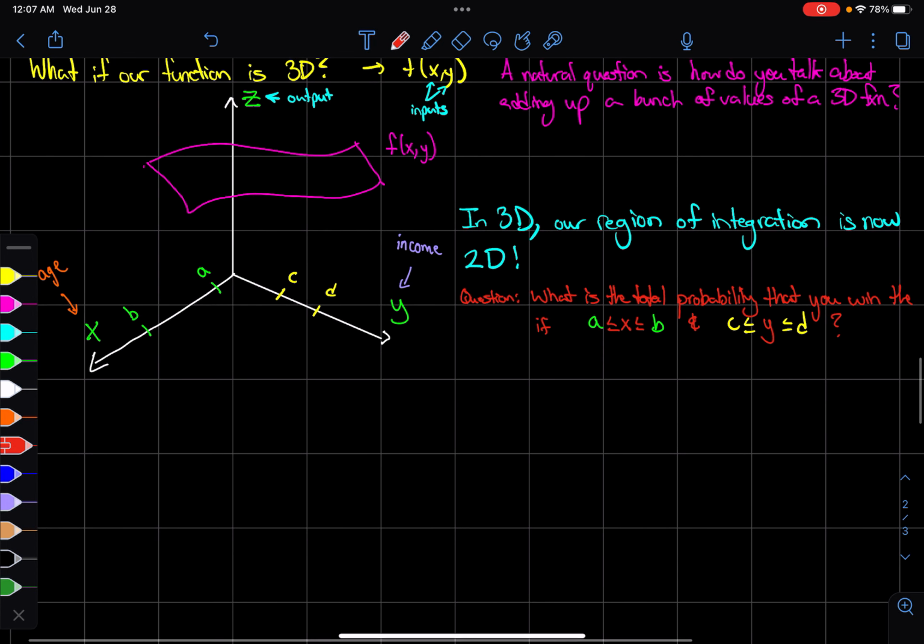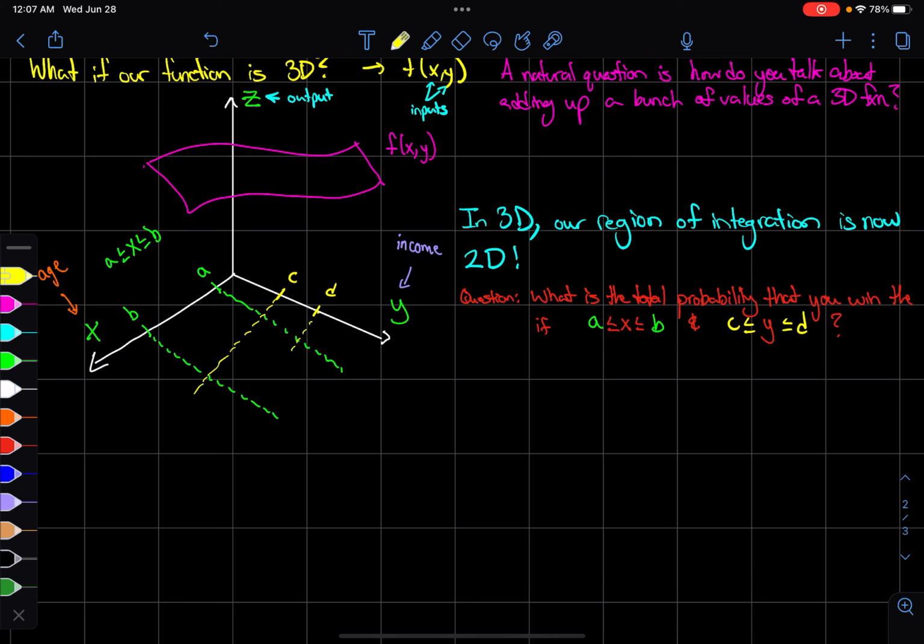And so in 2D, we used to just have a 1D region of integration. Now we are working with 3D functions. We have 2D regions of integration. And so what this looks like is, you can imagine that we will just kind of create these little crosshairs here, because this region here in green represents x going between A to B. But we don't want all of that. We only want the part that also encompasses the fact that y goes from C to D, right?